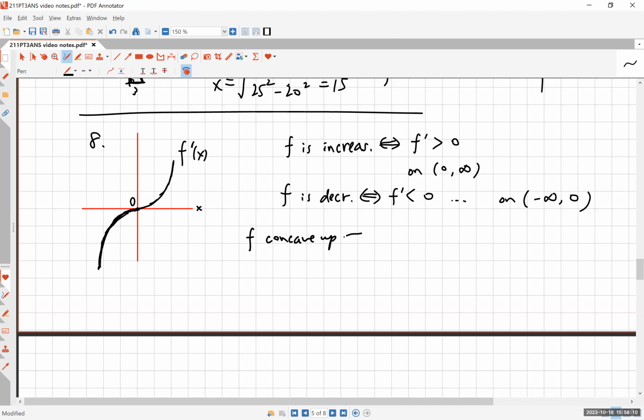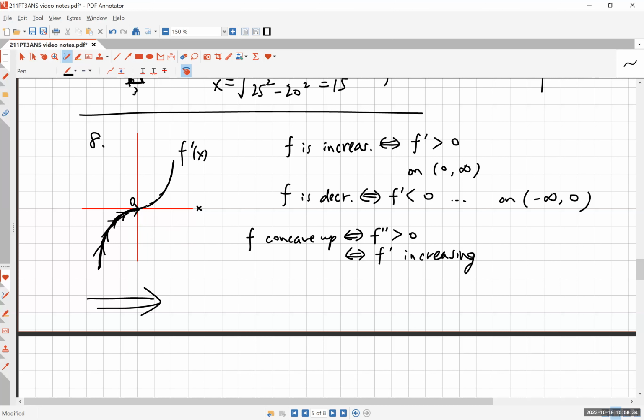Concave up means that the second derivative is positive, and that means the derivative itself is increasing. Do you see where it's increasing? F prime is increasing where? As you go from left to right, as x increases, f prime is increasing.